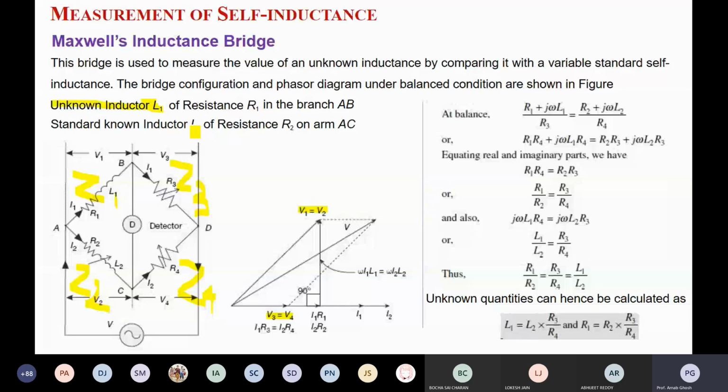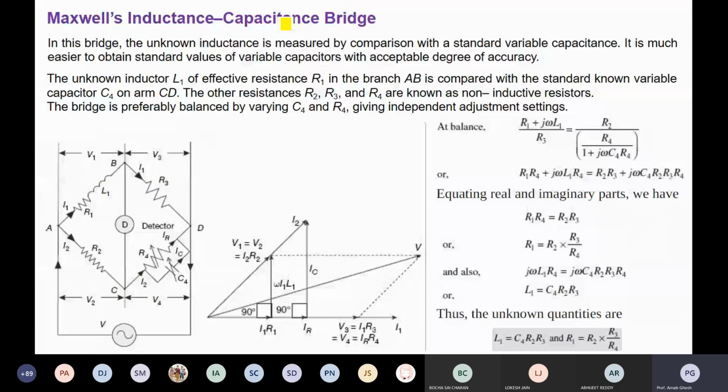Next one is the Maxwell inductance capacitance bridge. In this case, you have to find out which one is your Z1. Z1 is the impedance of arm AB. The impedance within arm AB is known as Z1.